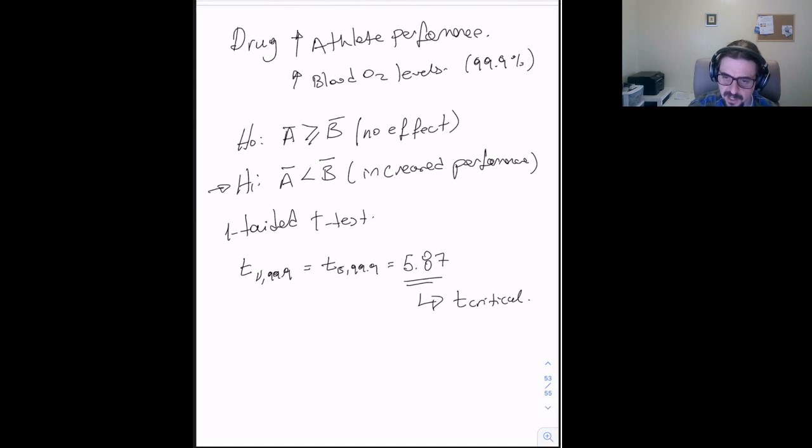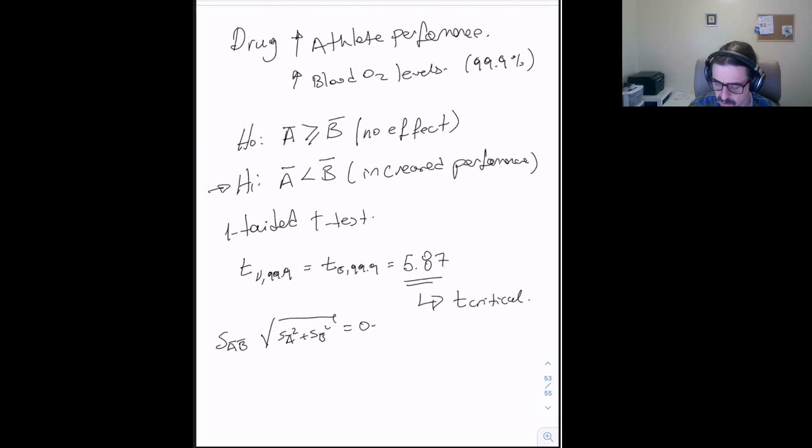Okay, so we know that the S AB, which is the combined standard error, is going to be defined as the square root of S A squared plus S B squared.